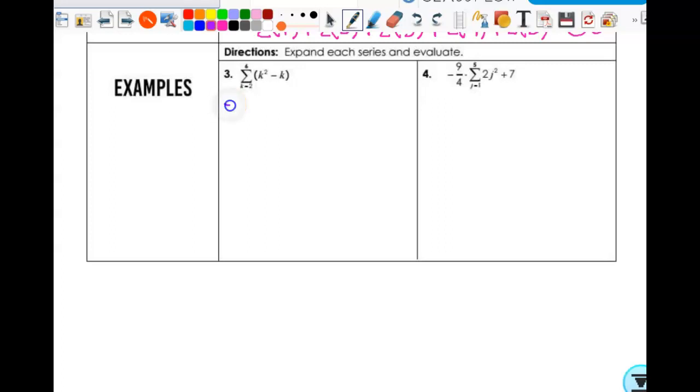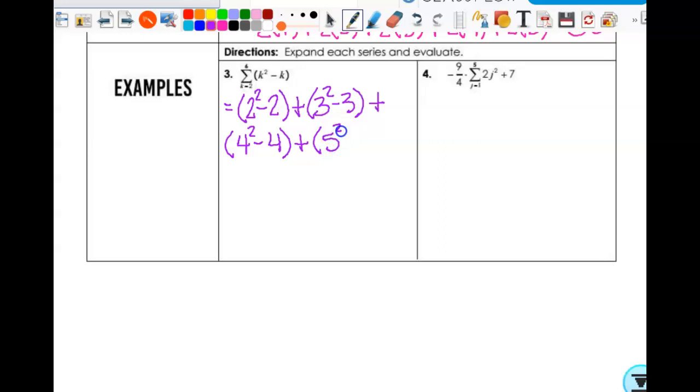So when I do this, that's going to give me 2 squared minus 2 plus 3 squared minus 3 plus 4 squared minus 4 plus 5 squared minus 5 plus 6 squared minus 6. You understand where all that came from?